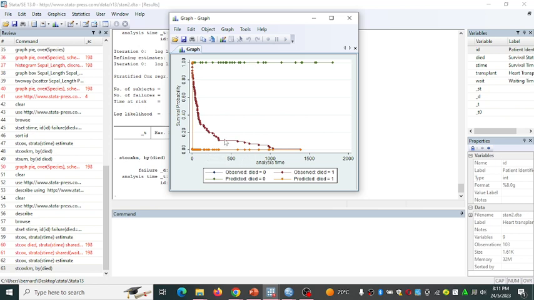Observed died and the predicted death rate. So I want you to check on the observed death from this point to here, and the predicted death from here up to here, and tell me the difference.